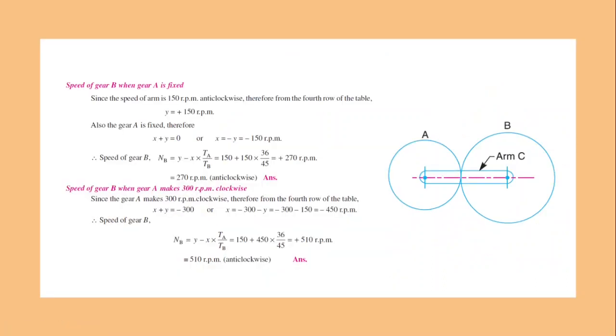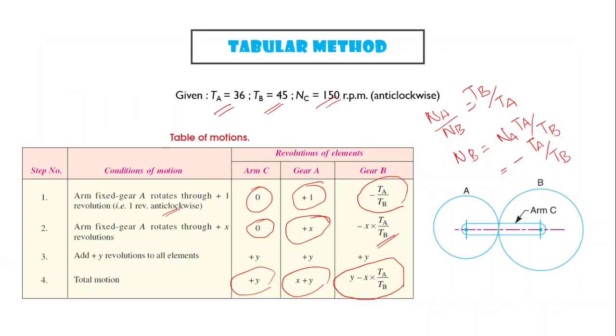Okay, then we can calculate the number of revolutions of gear B. In the first condition, we find the speed of gear B when gear A is fixed and the speed of the arm is plus 150, that is 150 rpm anti-clockwise direction. In this particular table, the speed of the arm is plus Y, and in this question plus Y is equal to plus 150, the given condition.